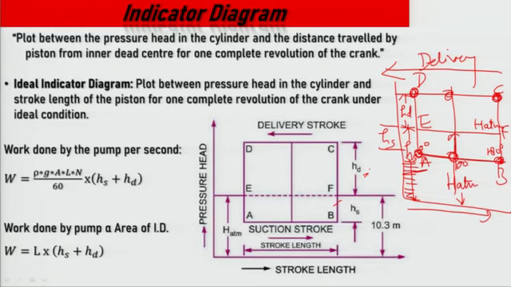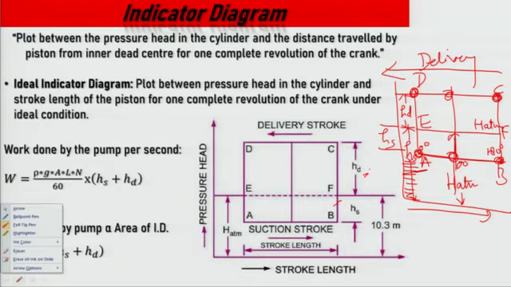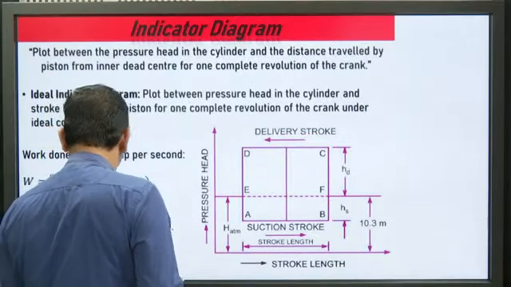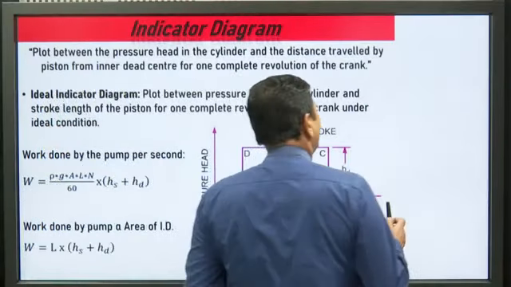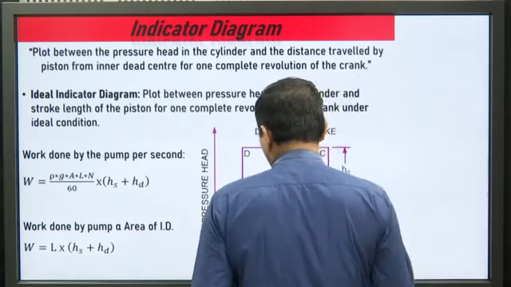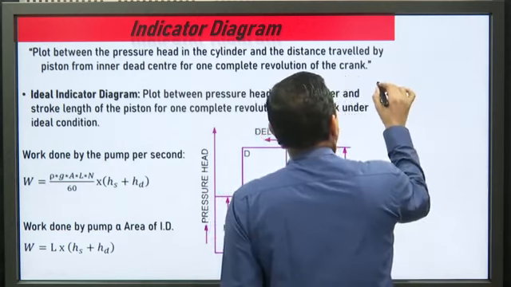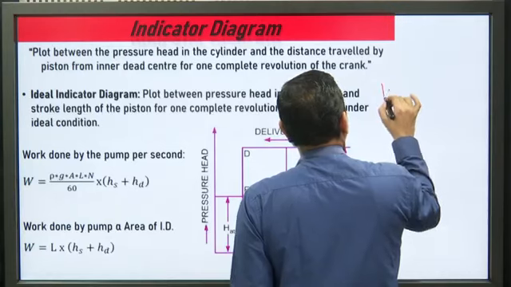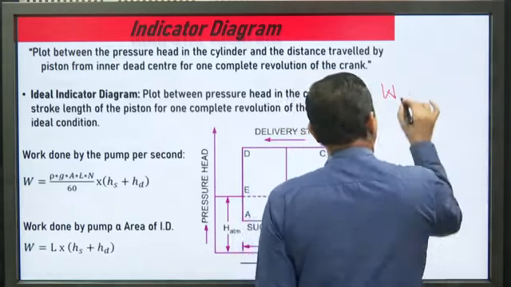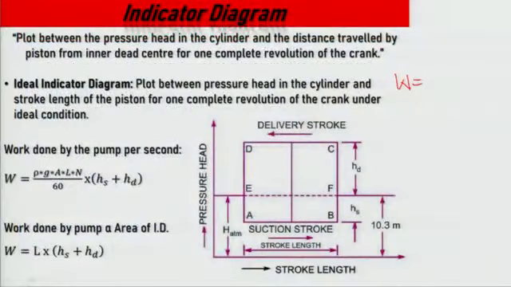If this is the ideal diagram, ultimately we know the work done by the reciprocating pump. Just remember the work done is rho g A L N upon 60 into Hs plus Hd.